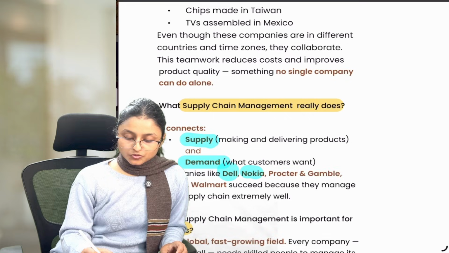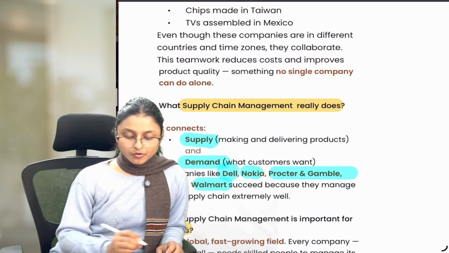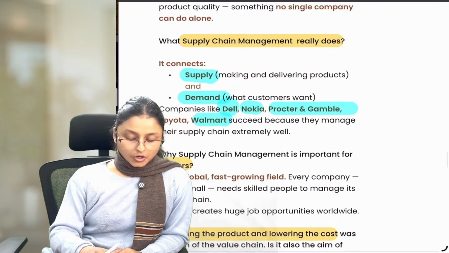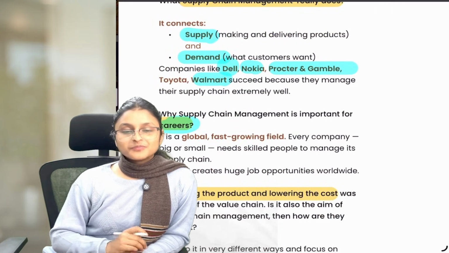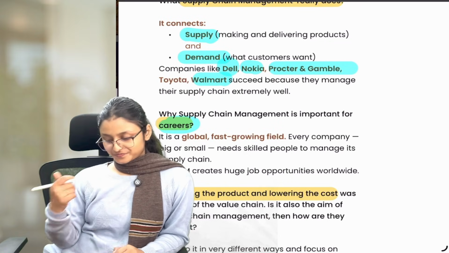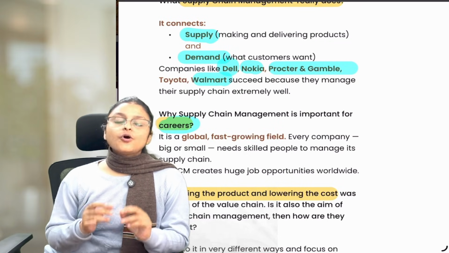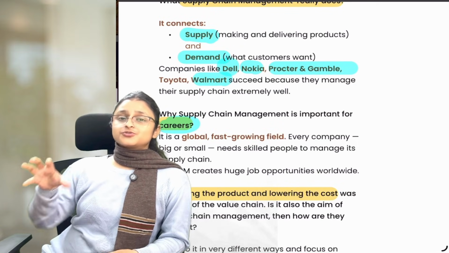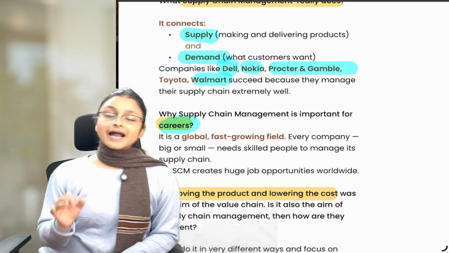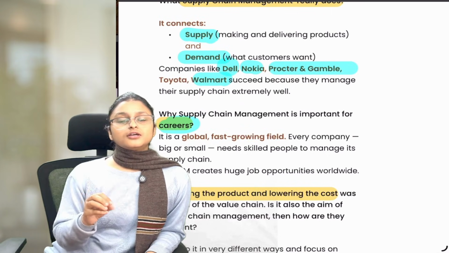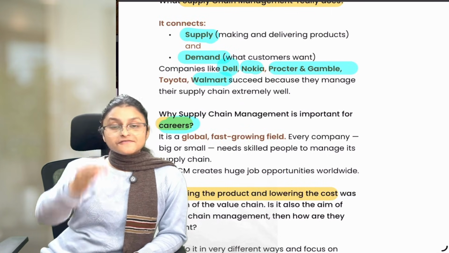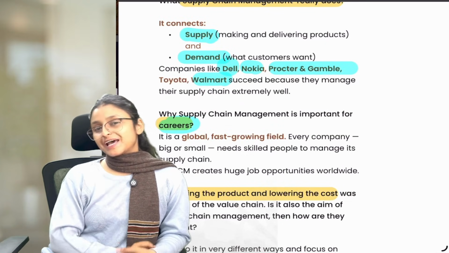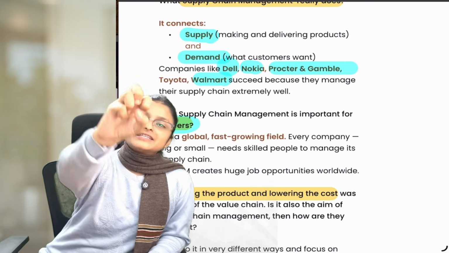Companies like Dell, Nokia, Procter & Gamble, Toyota and Walmart succeed because they manage their supply chain very well. Now, supply chain management is also important for careers. How? So think about it. Every organization needs supply chain management because they need to provide their products to the final consumer, right? And for that, supply chain management is really important. So if you are skilled enough to manage the supply chain, and you have a lot of experience in how supply chain is managed, then companies are going to grab you.